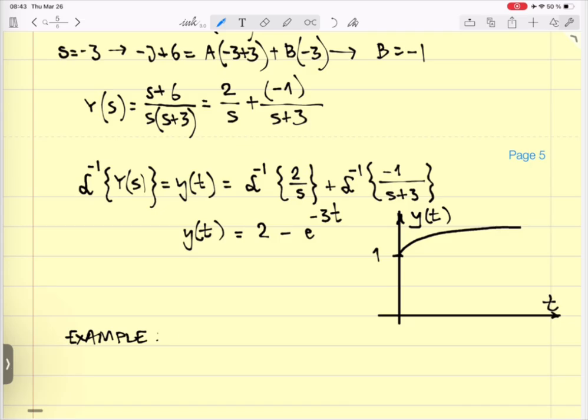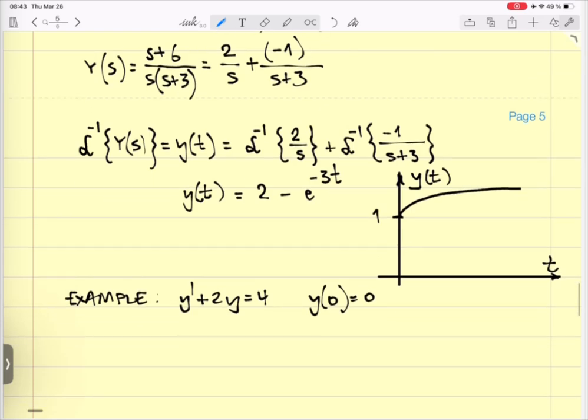I plus 2i equal 4, and the initial condition is 0. We apply again the Laplace transform, so s minus 0 plus 2 times I equals 4 divided by s.